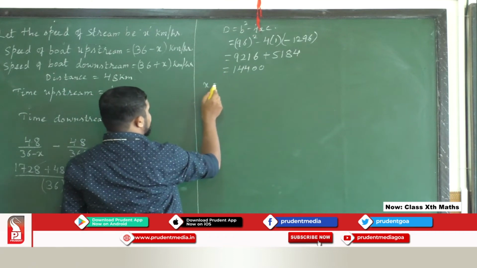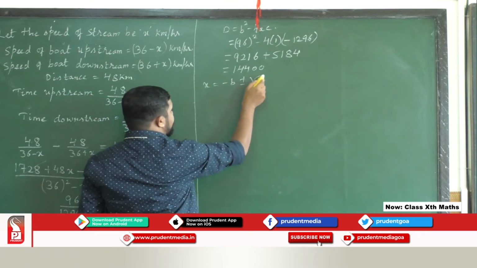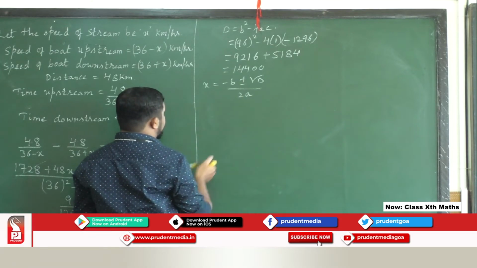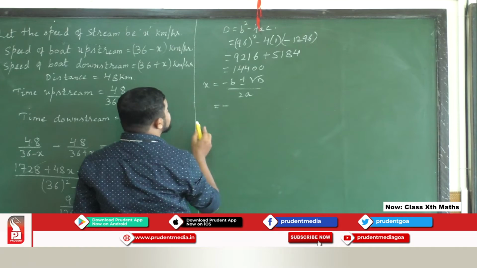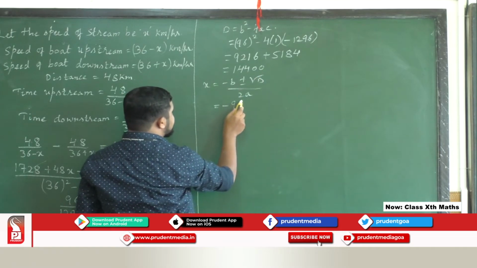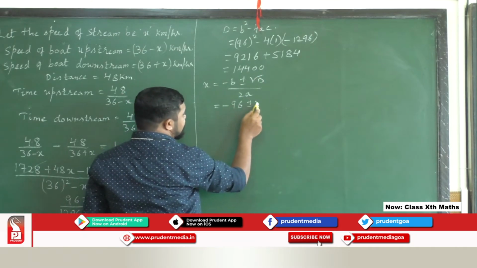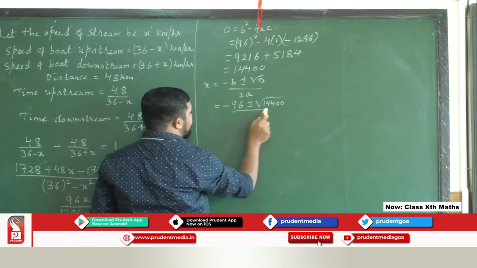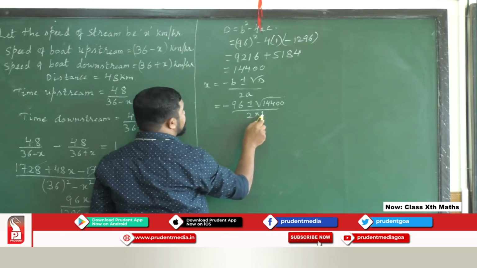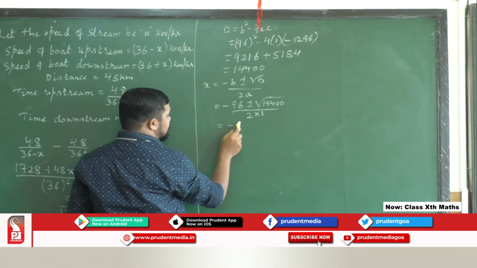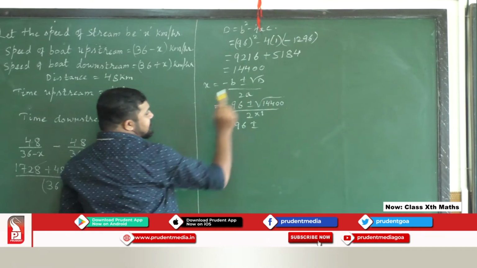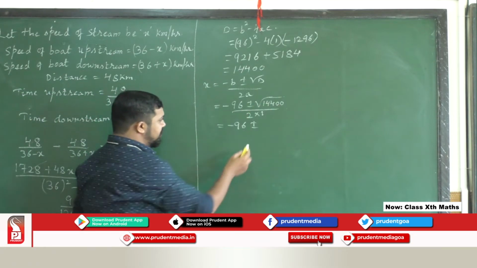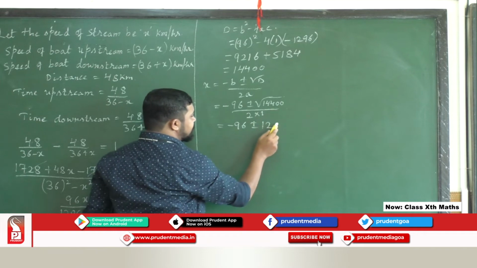So x is equal to minus B, so minus 96 plus or minus square root of 14400. First find the square root of 144. You know it is 12. 2 zeros, put 1 zero, 120.